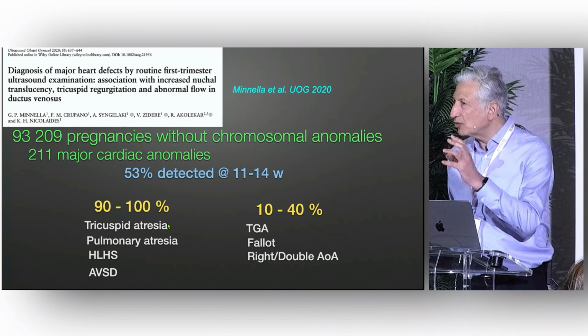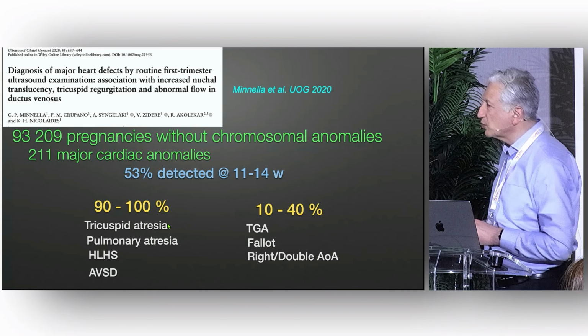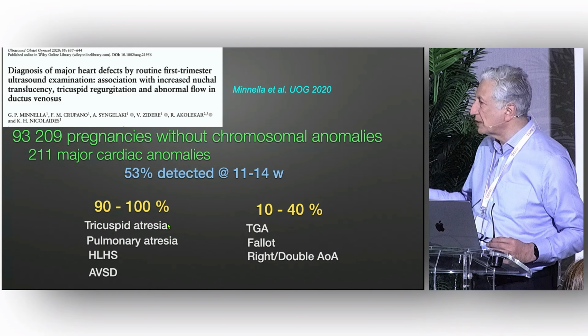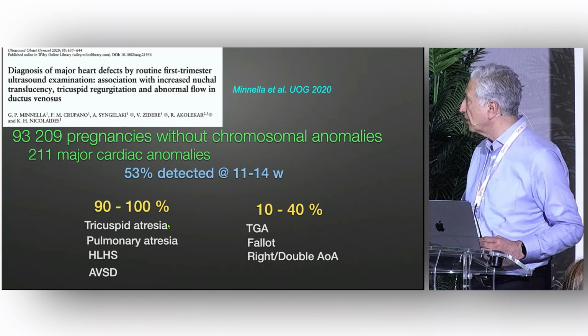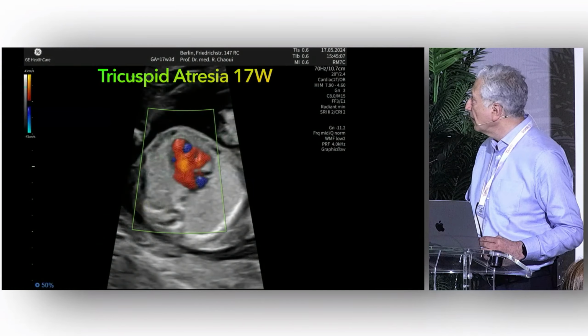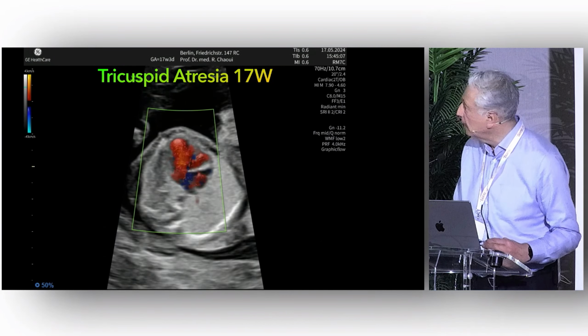And sometimes at a moment you are not sure, is it really smaller than the small chamber I'm used to seeing? But when you add color, there is always, in both conditions of small right heart, abnormal color Doppler. And here again, a similar case at 17-week gestation.